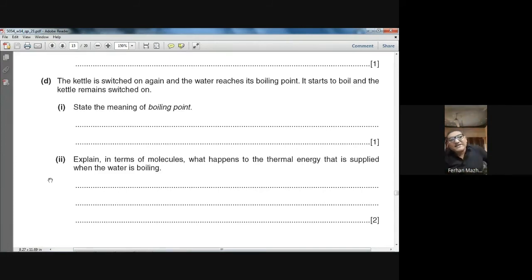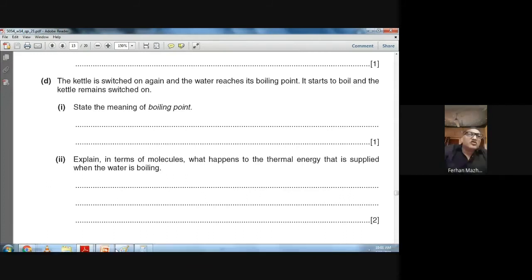Boiling point means the temperature at which a liquid converts into gas at 1 atmospheric pressure or at standard pressure. That temperature is known as the boiling point.